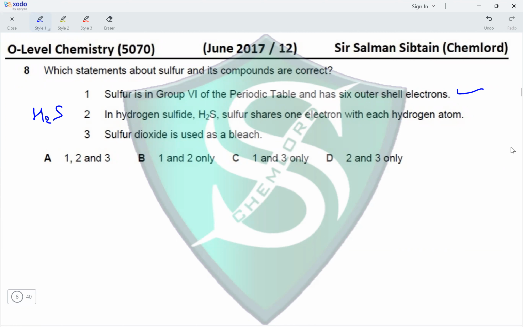So the formula for H2S would be H single bonded to sulfur, single bonded to hydrogen. So sulfur shares one electron with each hydrogen atom. Yes. And sulfur dioxide is used as a bleach. Yes. So all three statements concerning sulfur or its compounds are correct, making option A the correct option for this question.